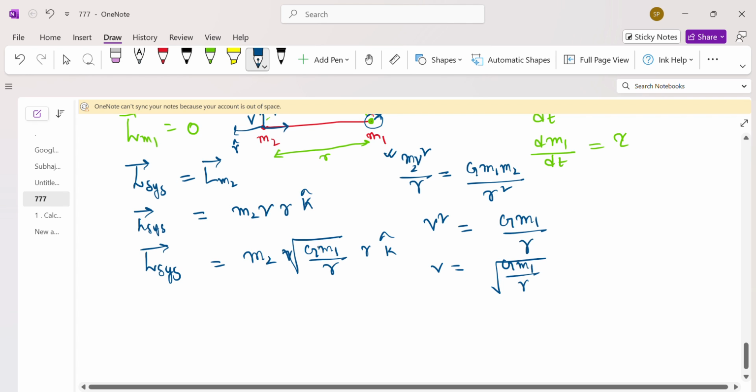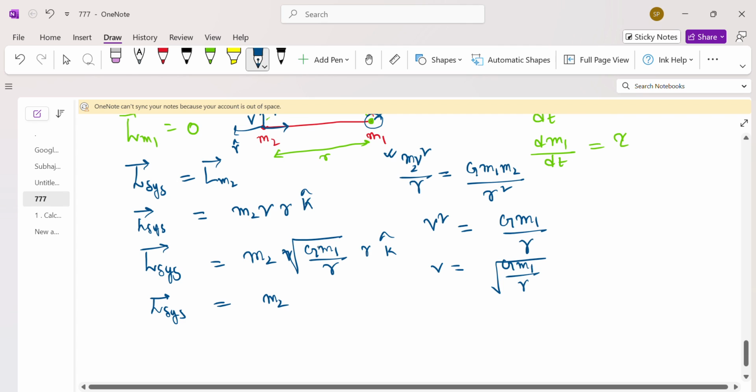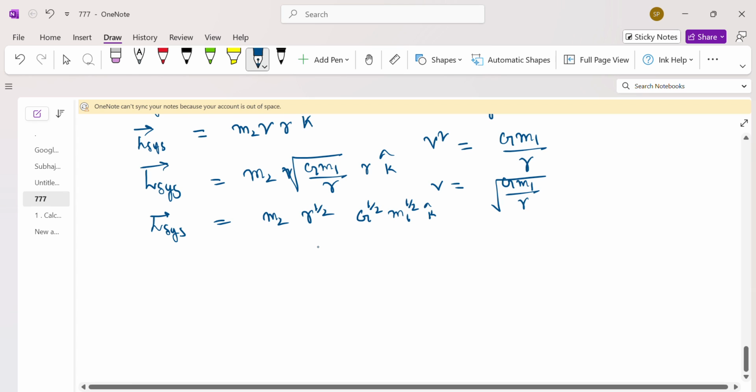This is the angular momentum of the system. If I simplify this, it will be m2 r to the power half, G to the power half, m1 to the power half, and then k hat.